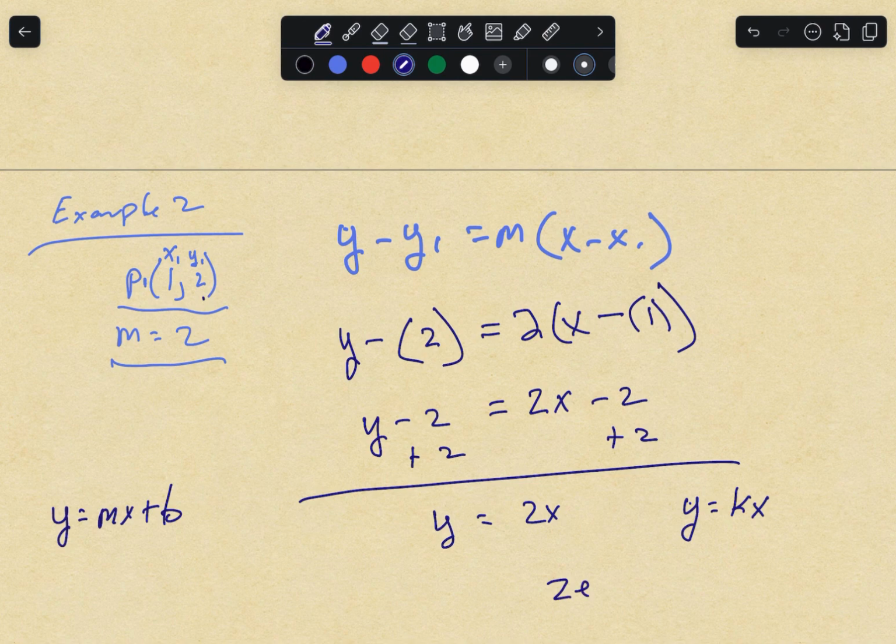It's 0. We just don't write plus 0. The point is, 2x plus 0, b is 0. Just because we didn't write it doesn't mean it doesn't exist. It just happens to be 0, so we don't bother to write it, just like we don't write 1x. We just write x.